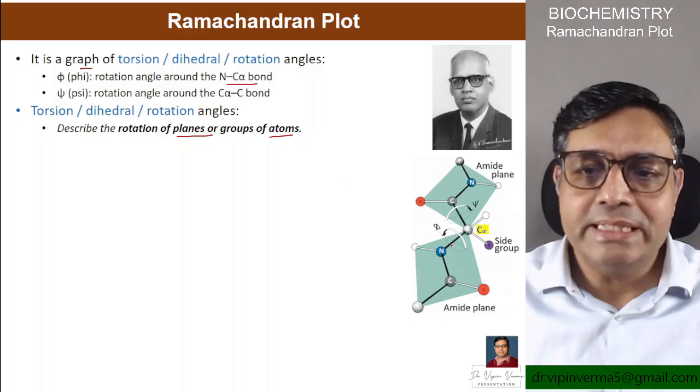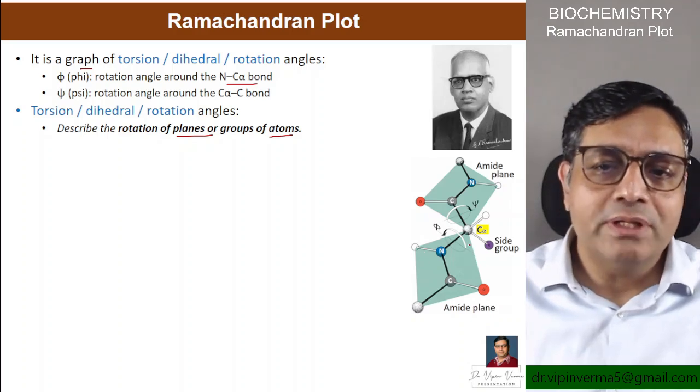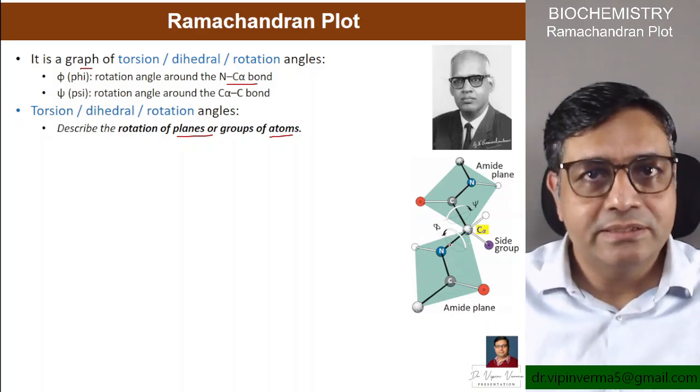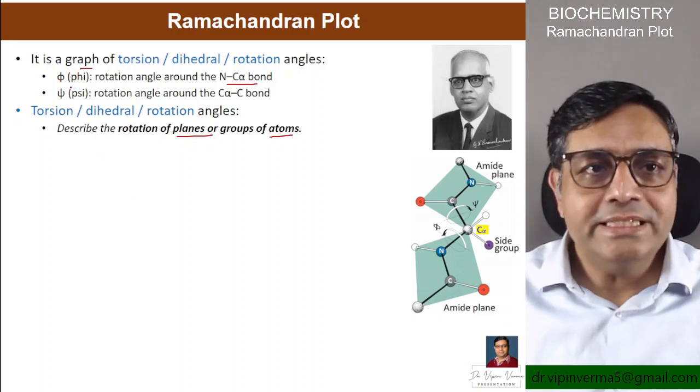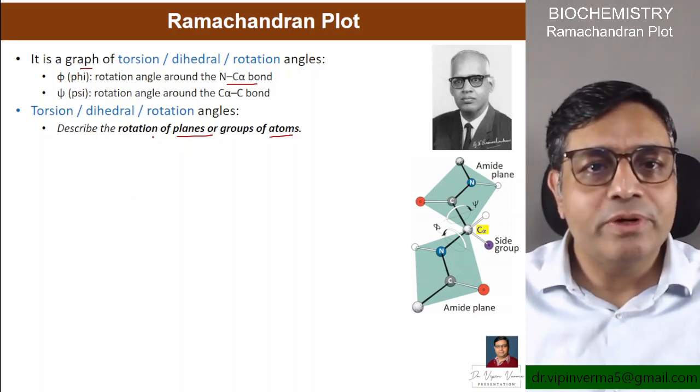So here you can see we have two amide planes. One amide plane is this, which is of slightly green color, and another amide plane is this. So we are talking about the rotation of these planes. Now these phi and psi are describing the rotation of the planes or the group of atoms.